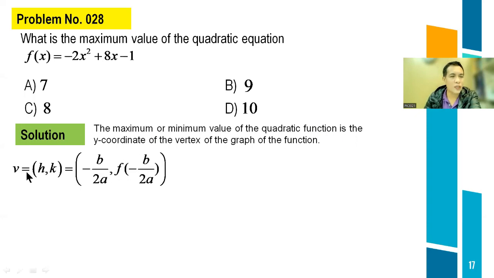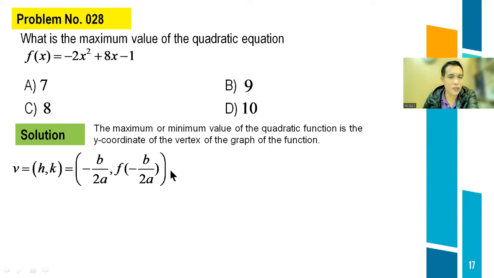All right, so the vertex is hk. The formula for the vertex is h equals negative b over 2a, and k equals f of negative b over 2a. So this is the vertex.